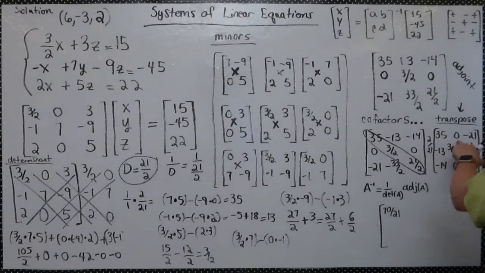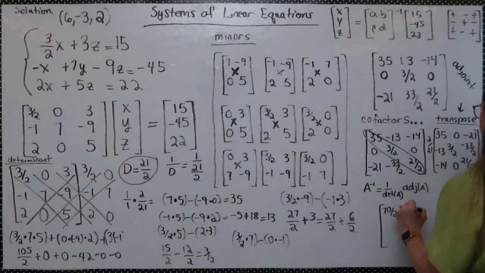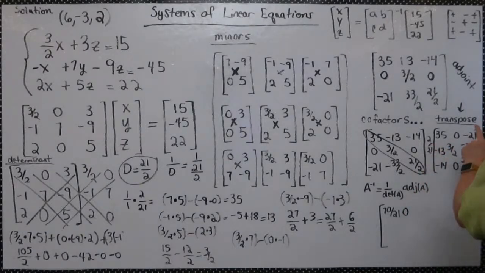2 over 21 times 0 is going to stay 0. 2 times 21 over 21 is just going to be 2. So 2 times 21 is 42 divided by 21, it just gives us 2.